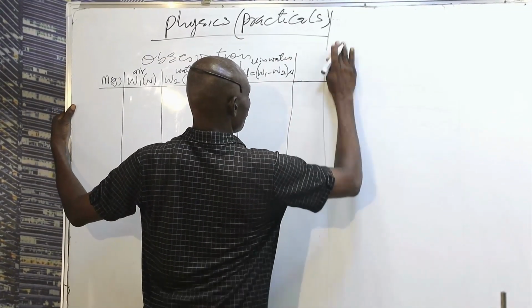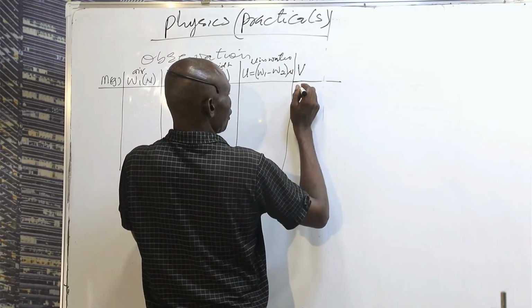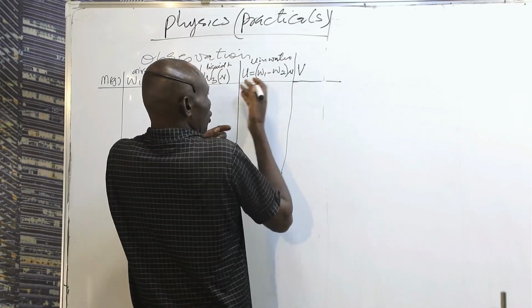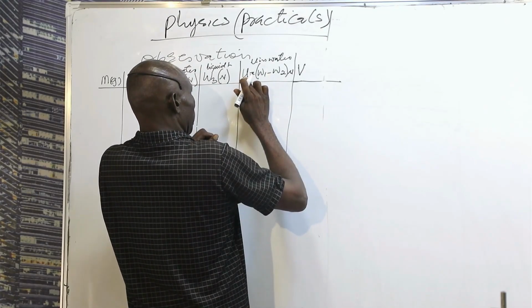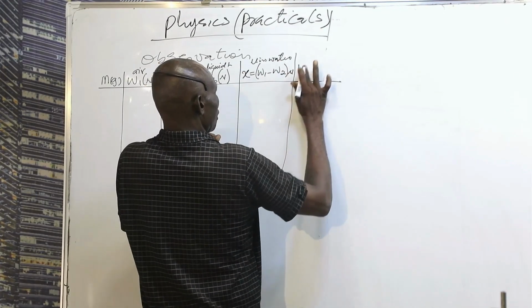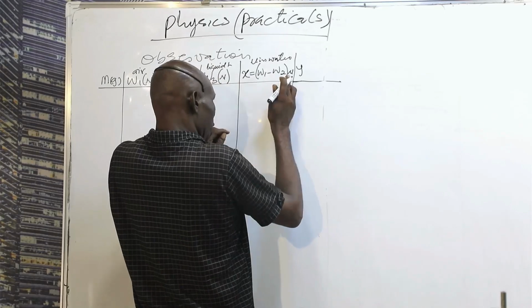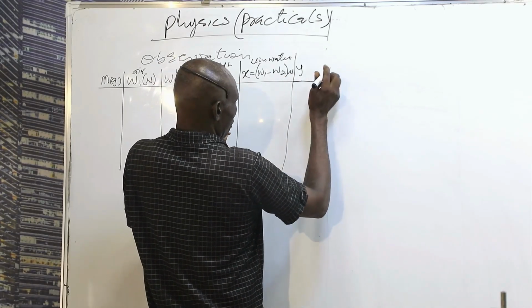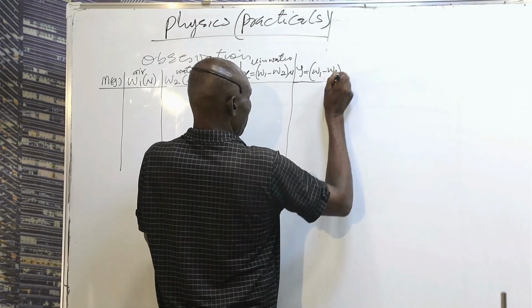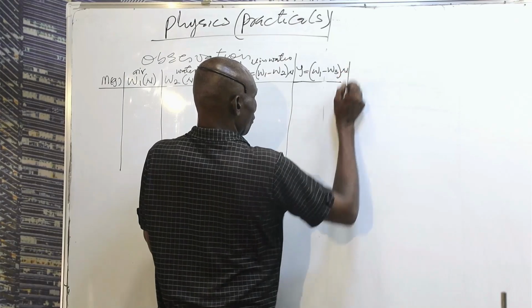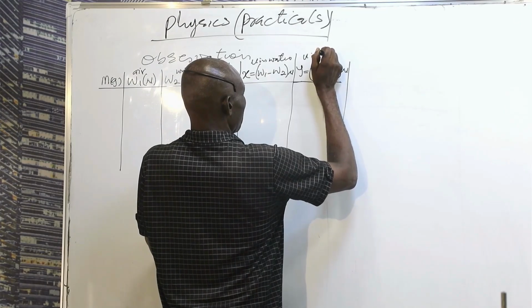Then you can also move on to the upthrust in liquid by obtaining the value of V or X or Y. We can change this V, X, Y, or anything. Any of them. This is still upthrust. So for this one now, it is W1 minus W3, also in Newton. And this is now upthrust in liquid.